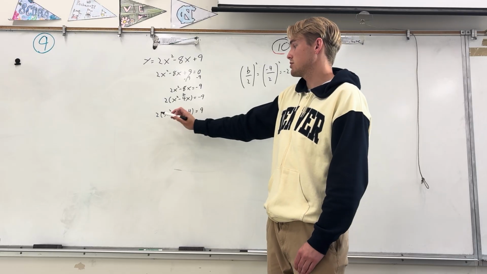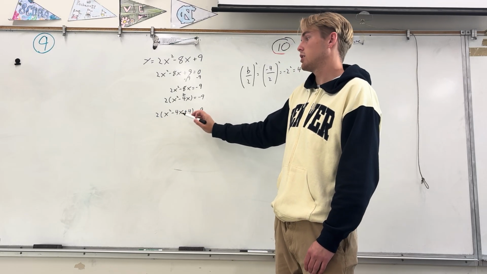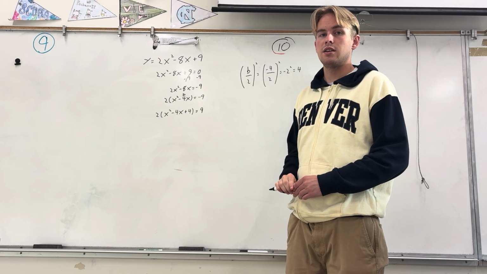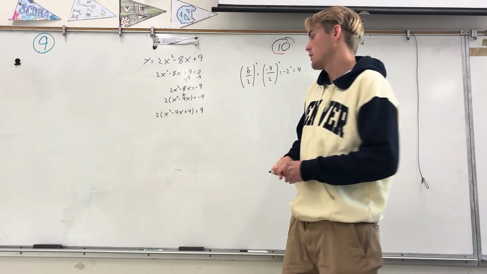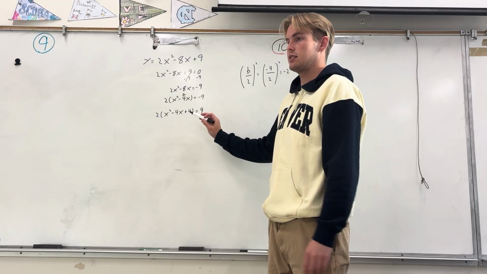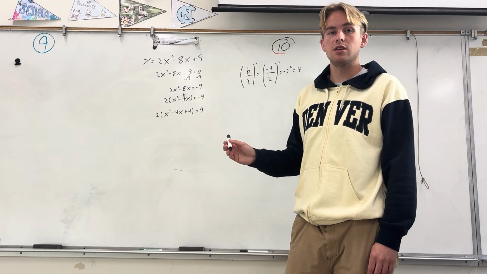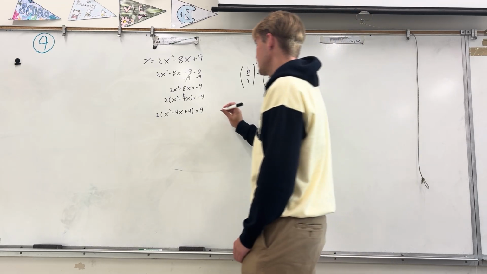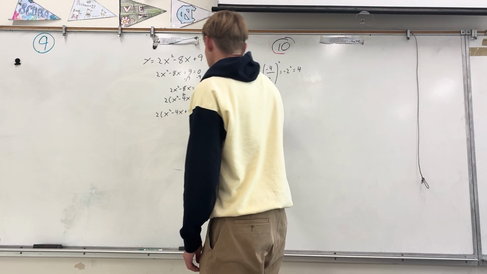So what did you technically just add to that left side? Since there is a 2 outside of the parentheses here, and you put a 4 inside of the parentheses, it means you're technically adding 4 times 2 to the left side of your equation. So to figure out what goes in this spot, it's going to be +8.